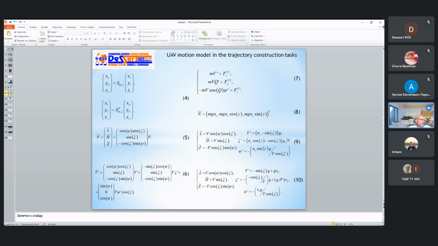As can be seen from the system of equations 9, the control characteristics are not affine. They are not linear over the controls.